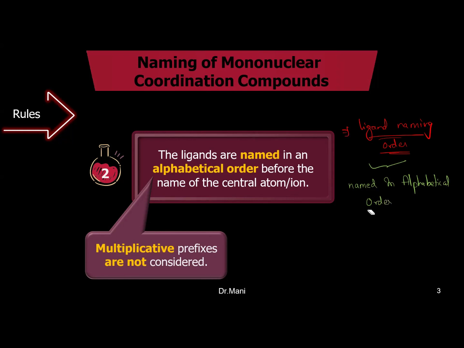First you give the names for the ligands in alphabetical order, and the ligand names come before the central atom or central ion. So you give the ligand names first, arranged in alphabetical order, then you give the central atom or central ion name.